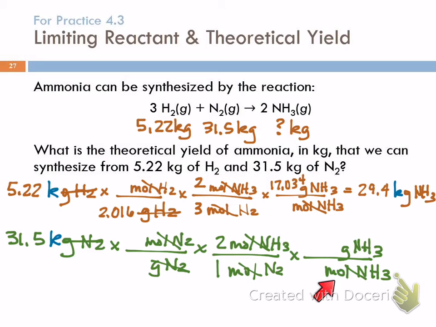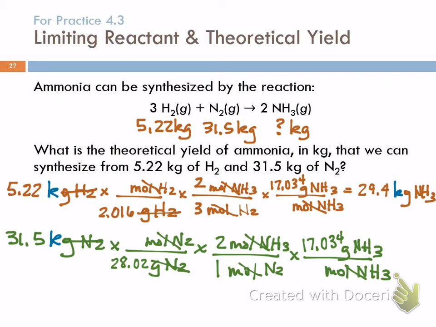Look at this one. Grams of ammonia, moles of ammonia. That's the same. We don't have to go calculate another molar mass. That last term is just the same. And then I need the mass of nitrogen. That's N2, so that's 28.02. We've got 31.5 divided by 28.02 times 2 times 17.034.